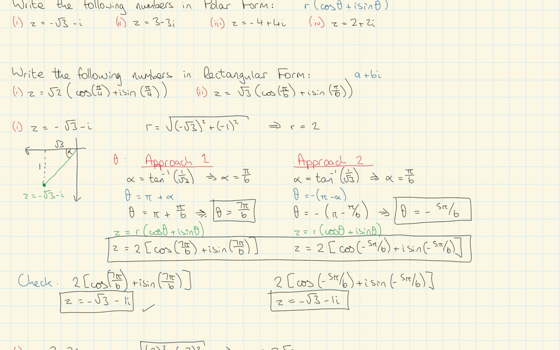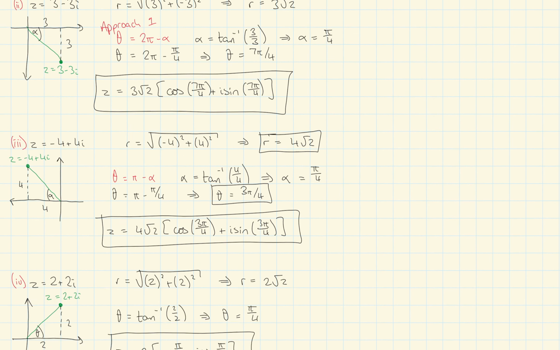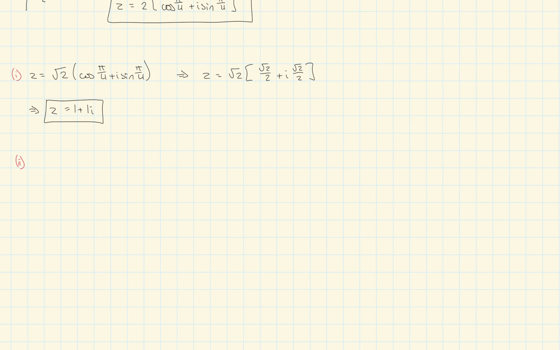And for part 2 then we have root 3 cos of pi over 6 plus i sine pi over 6. Keep root 3 where it is for now. Into your calculator, make sure you're in radians again. Cos of pi over 6 is root 3 over 2.